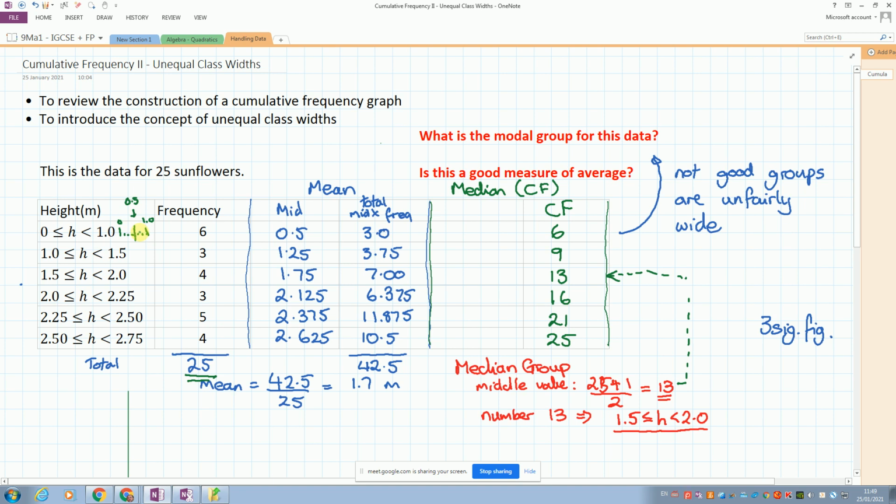But for median, I want to know, when have I gone past 6? So we always plot on the high bound, because at that point, we know we've seen an accumulation of 6. So at the high bound, we've got 1.0.